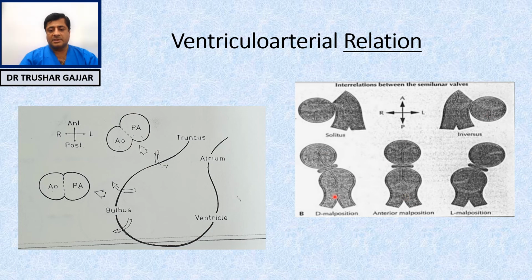Suppose there is a D malposition. In that, the aorta is right and anterior, PA is left and posterior. While in L malposition of great arteries, the aorta is left and anterior, PA is right and posterior.